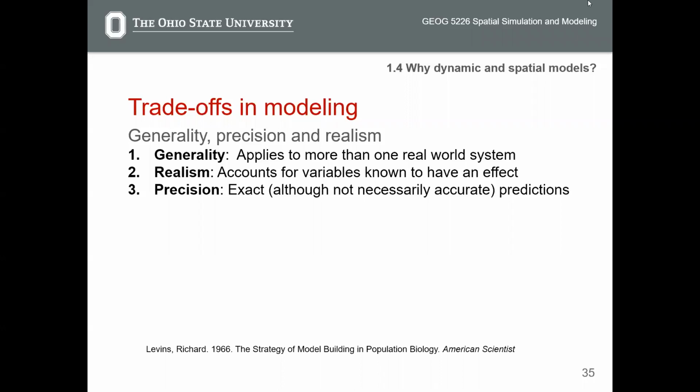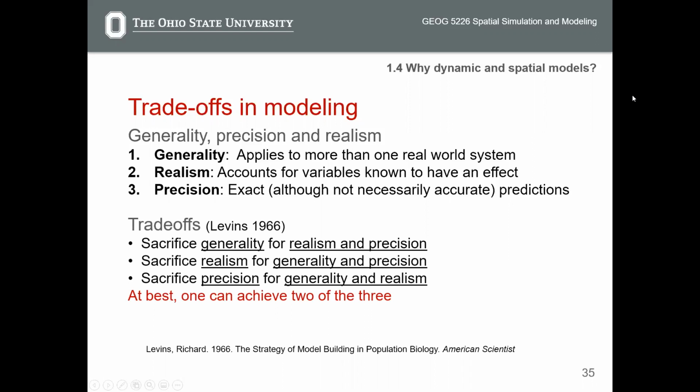When we are trying to create models, we can achieve two of the three, but not all three of them. So in order to pursue two of them, you have to sacrifice the remaining one.